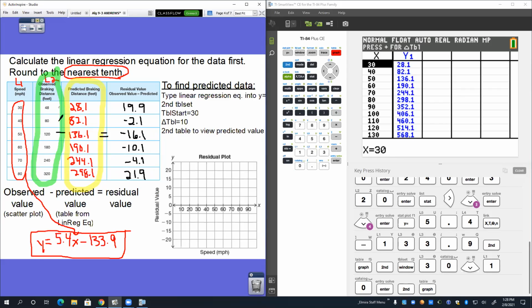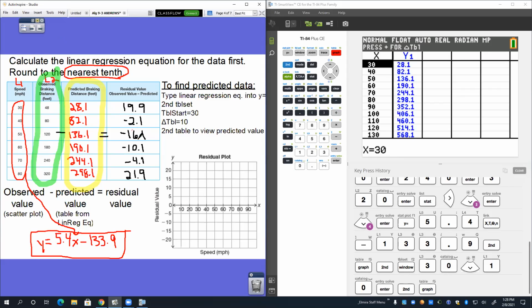So again, you have to remember that your residual value is your actual value, your actual data from your data table, minus your predicted value that we got from the linear regression equation, and that equals your residual value. Now we're going to plot the data. All right, let's plot the data.